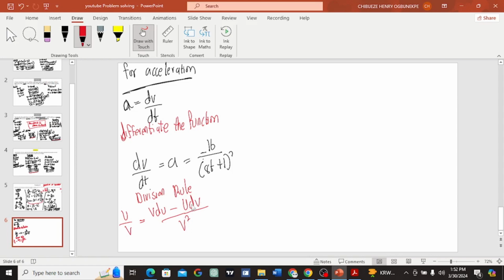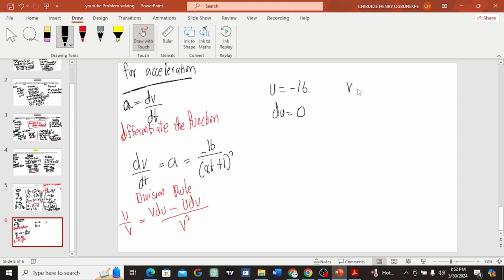But since we're not being told to find for the constants, we'll be using this formula where our u is negative 16 and du is 0.